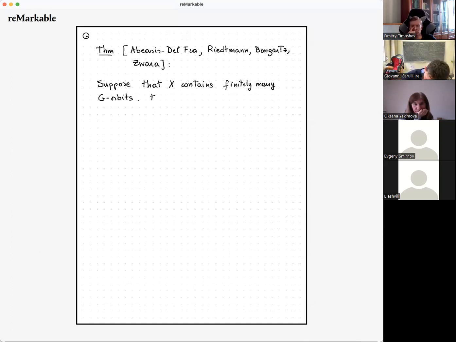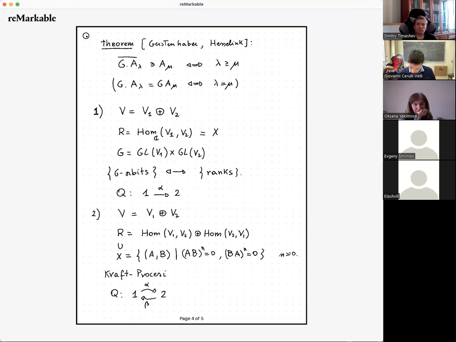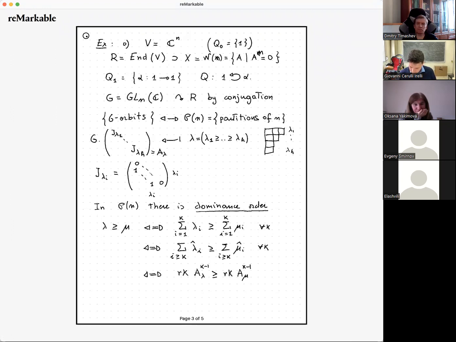Then, given 2 points in this variety, Y belongs to the closure of the orbit of X if and only if... And then you see here in the previous examples, the condition was about ranks.